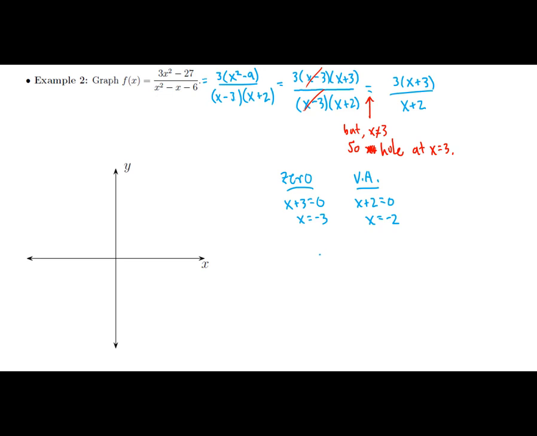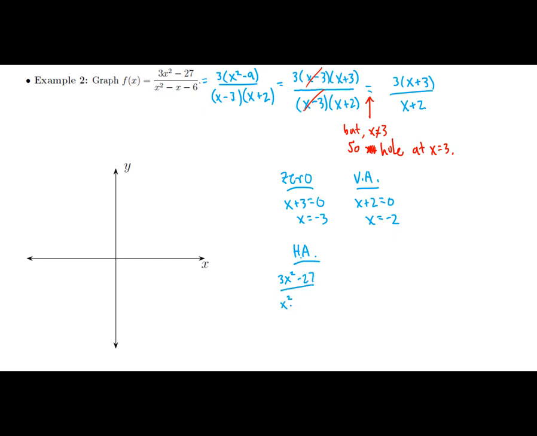And then let's do the horizontal asymptote. Remember the name of the game here is we take our original function, just go back to the very original one.